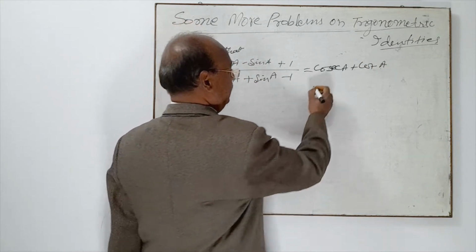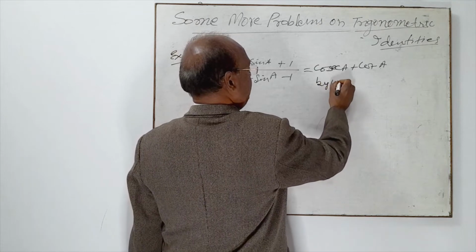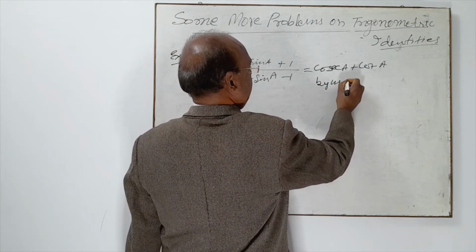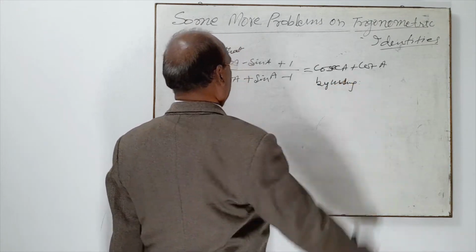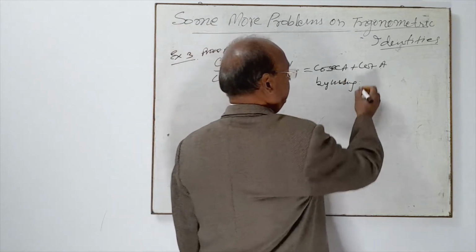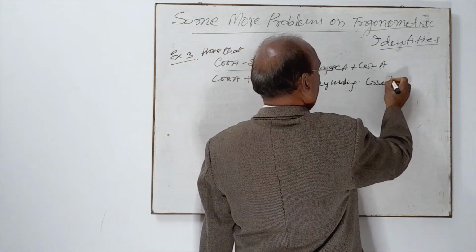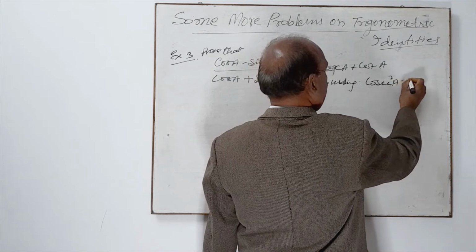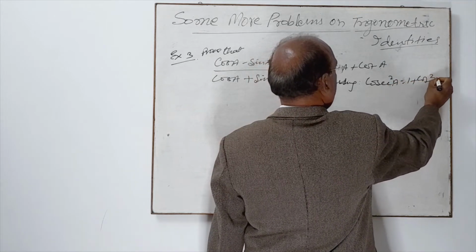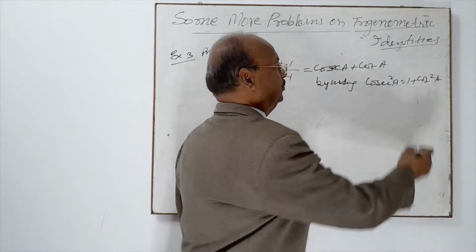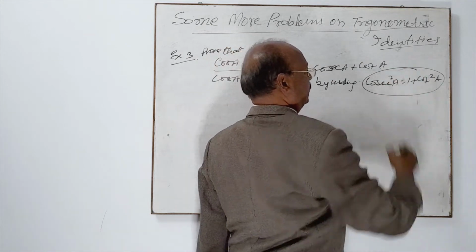Instruction is already given here, by using the result formula you can say cosec square A is equal to 1 plus cot square A. We have to use this formula.